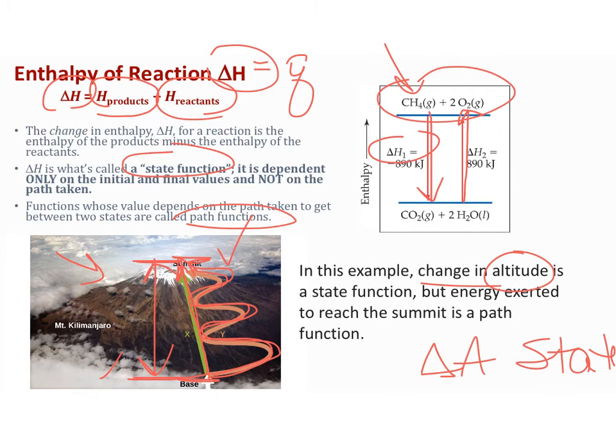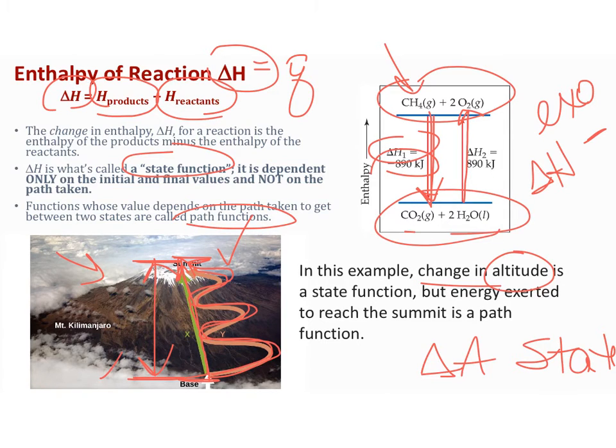Combustion reactions are always exothermic, and if you remember the sign convention, that means that enthalpy will have a negative sign. So the combustion reaction going in the forward direction is negative 890 kilojoules, which means if we could reverse this combustion reaction, it would absorb 890 kilojoules.